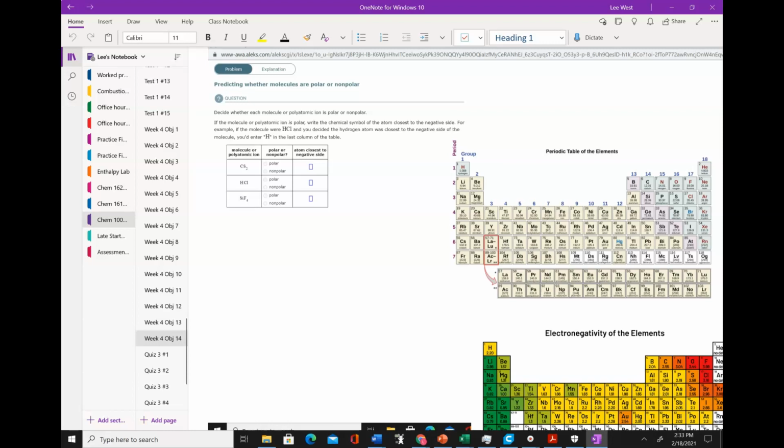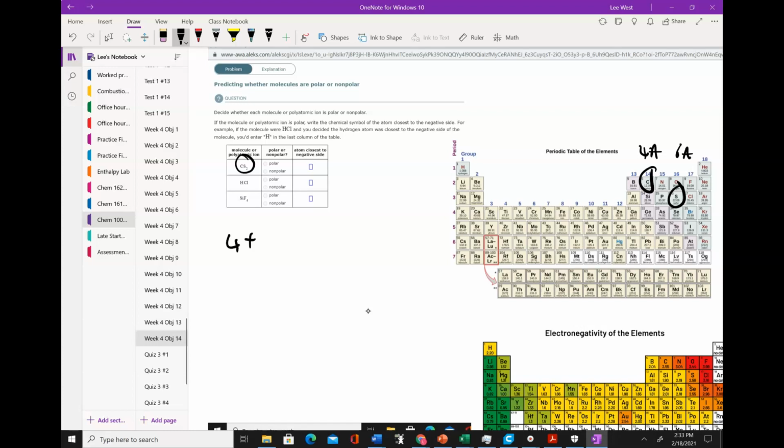So, Lewis diagram for everything to begin with. We've got this molecule here, carbon disulfide. Carbon's in group 4A, sulfur is in group 6A. So let's count up valence electrons, 4 for the carbon and then 2 times 6 for the sulfur. So 4 plus 12 gives me 16 valence electrons.